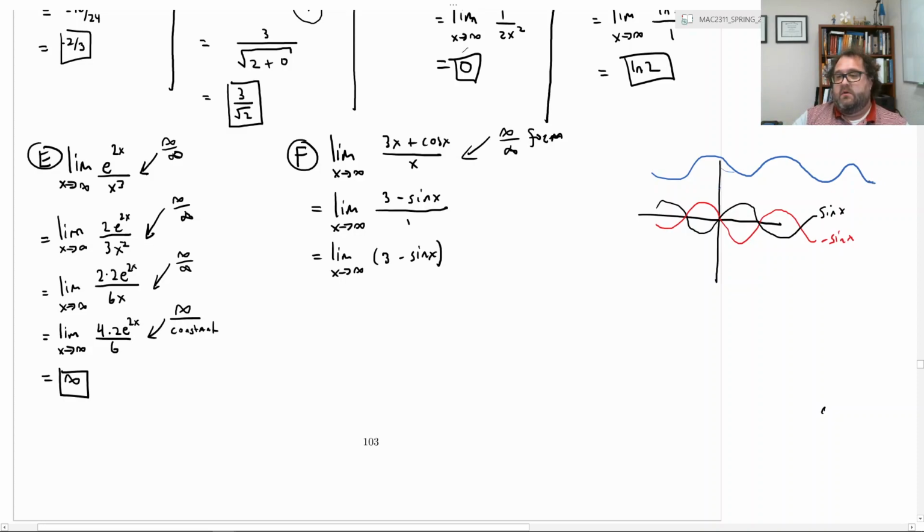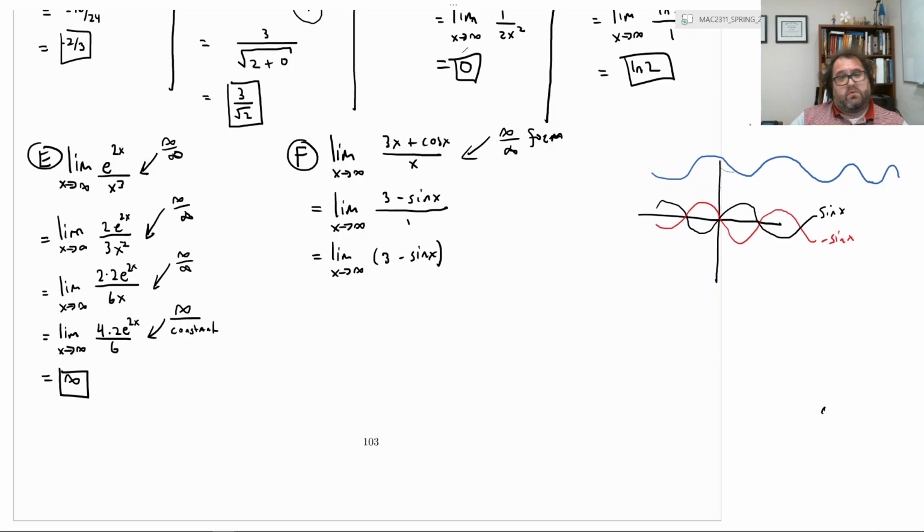But think about it this way. This is just going forever, up and down, up and down. Are we approaching any specific y value? A limit at infinity means as x gets really, really big, 10 million, 20 million, 100 million, a billion, a trillion, those y values are approaching a single, consistent value.